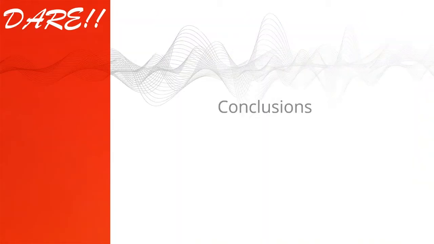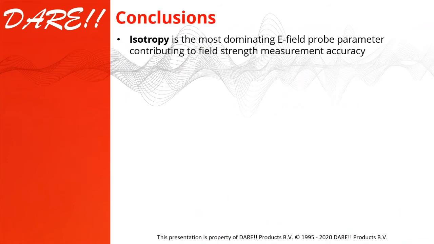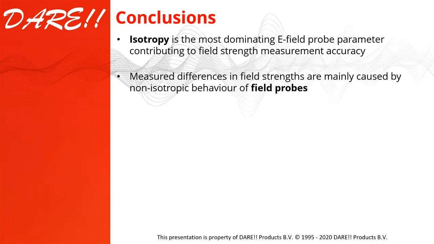We come to the end of my presentation. So the conclusions. We can say that isotropy is the most dominating E-field probe parameter contributing to the total uncertainty of your field strength measurement. You can also say a little bit different, when measured differences in field strength are mainly caused by non-isotropic behavior of field probes. And that's what we have seen in the last graph.